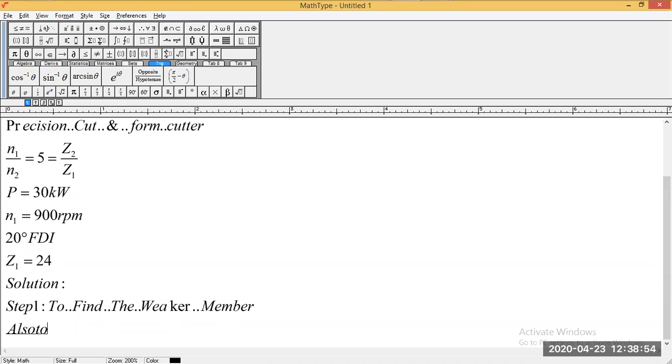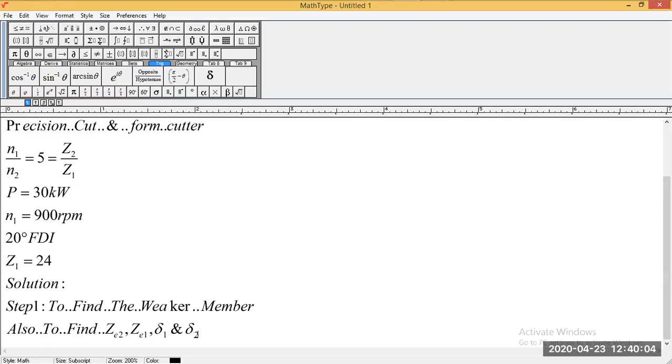Also find ZE2, then ZE1, then delta 1 and delta 2.